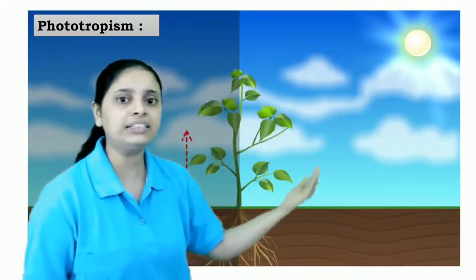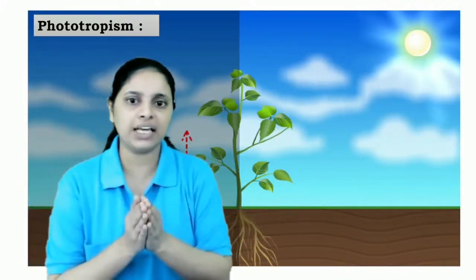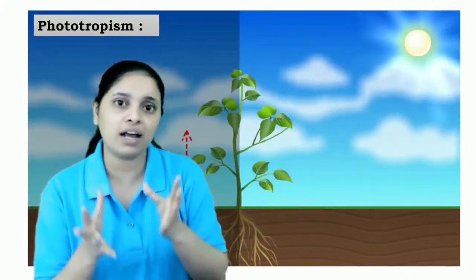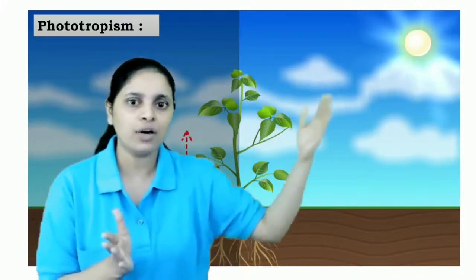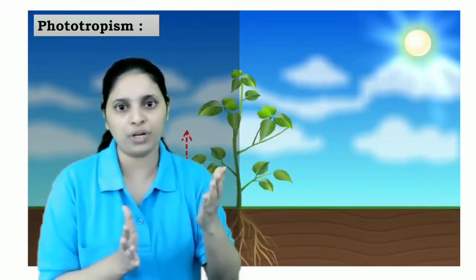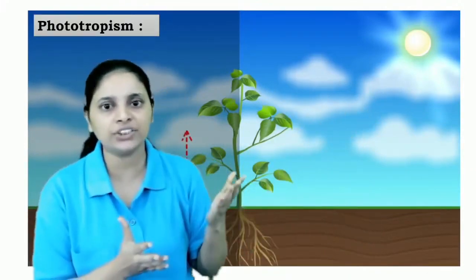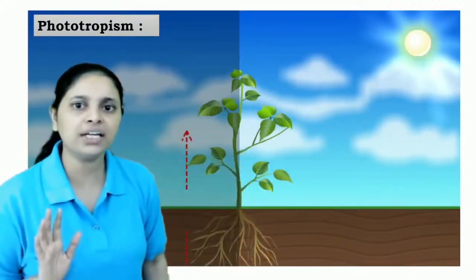From this particular side, you can see the plant is receiving sunlight. This will be equivalent to, let's say we have a potted plant in our house, and one side of the plant is exposed to sunlight. Maybe there is a window, so you have sunlight coming from one direction और दूसरे direction से light नहीं मिल रही है. समझ में आया सबको?